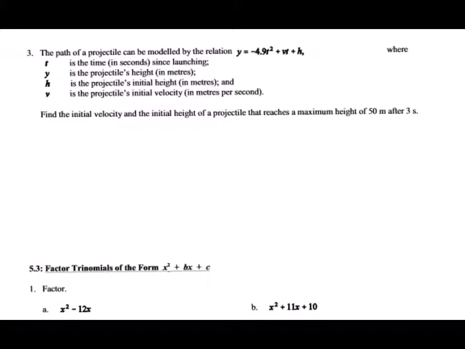Now for this next project, it's asking us to take something that is in vertex form and convert it into standard form. But we first need to know what the vertex is of our equation. So let's figure out what we have to do here.